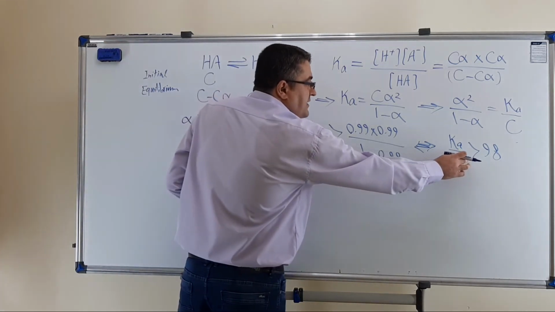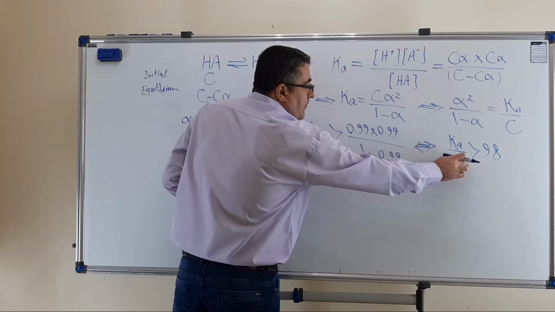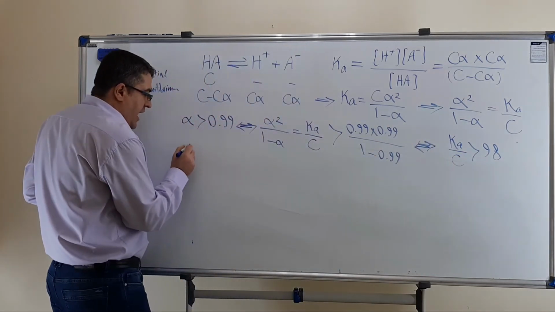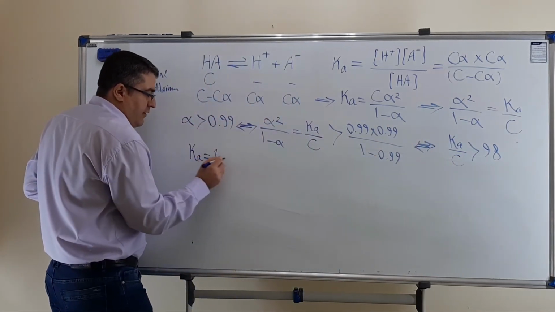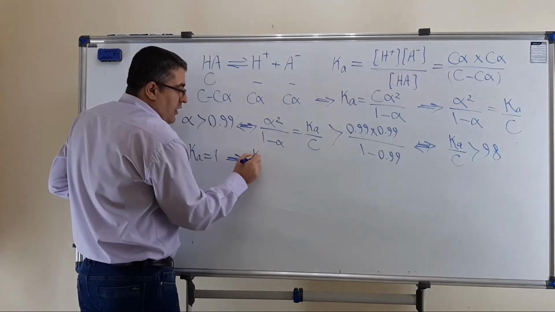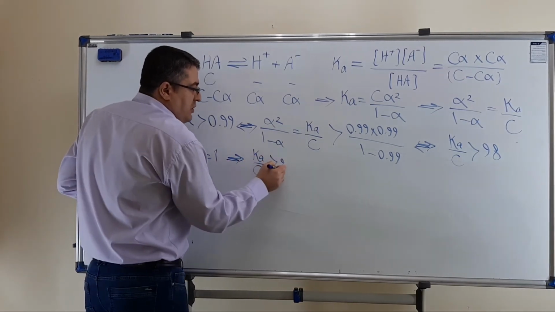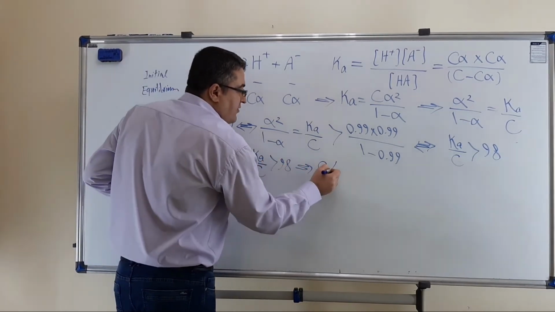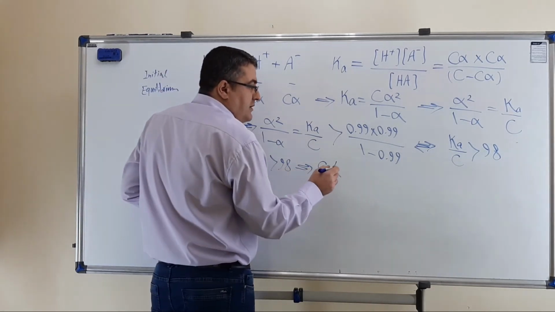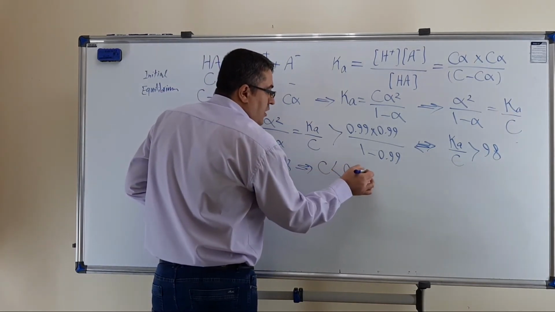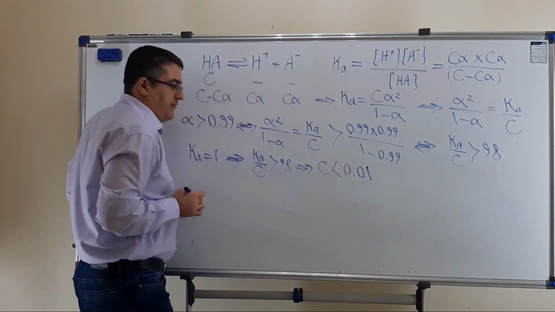To have this inequality true, for Ka equal to 1, we should have the initial concentration of acid smaller than 0.01.